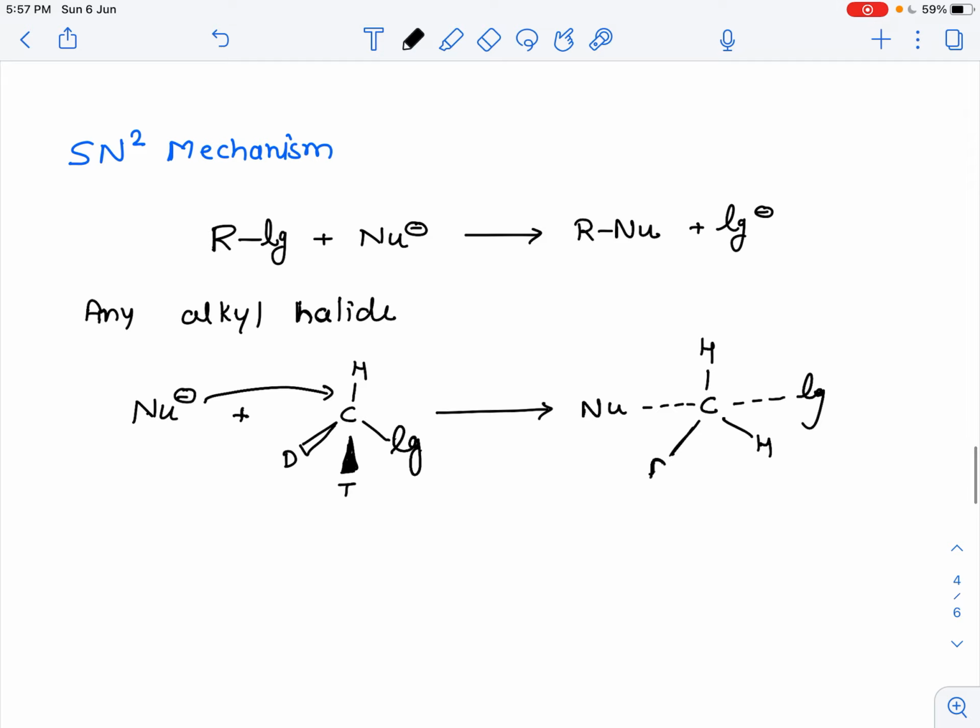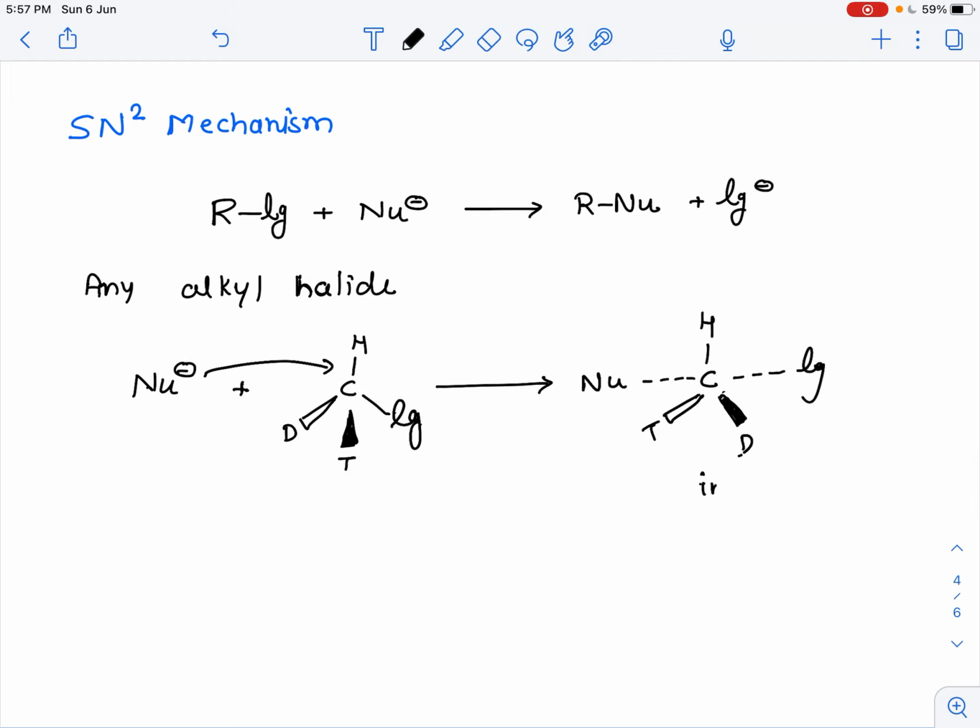Now in this you can see very easily that the nucleophile is attacking here, and the leaving group is leaving. I can draw this in stereochemistry also. Inversion of the groups will take place, and this is the pentavalent intermediate.